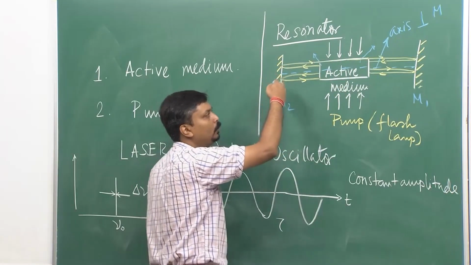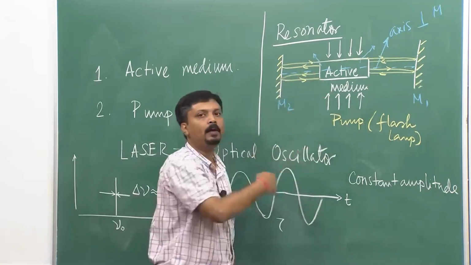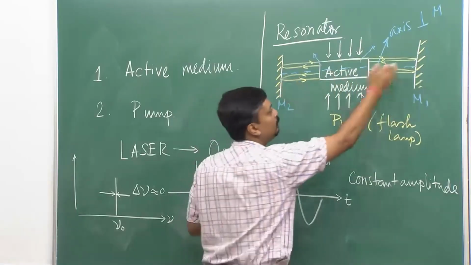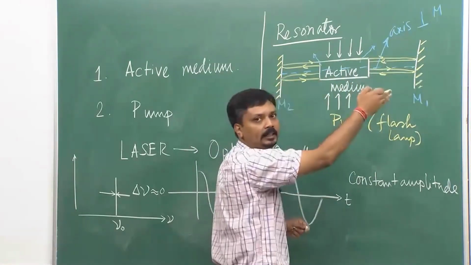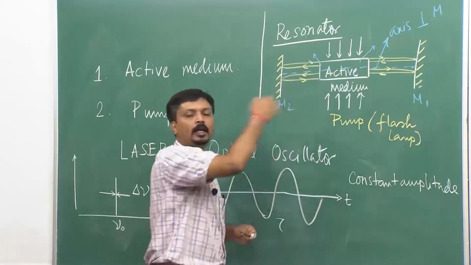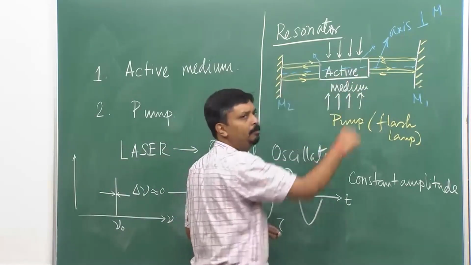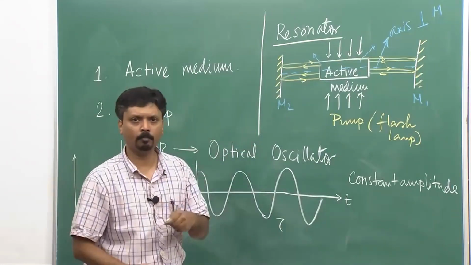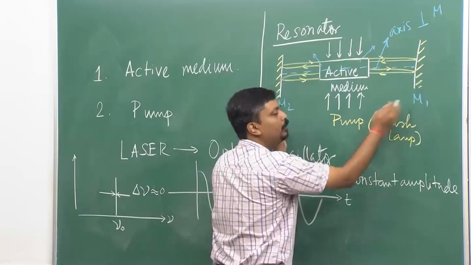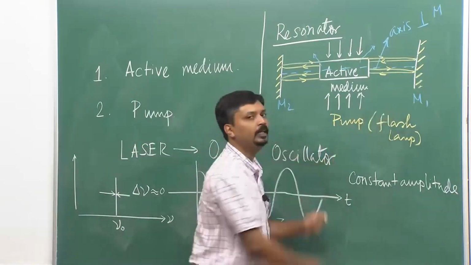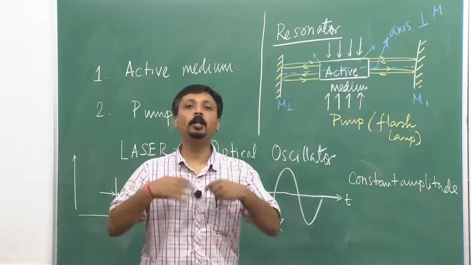So these photons are like multiplying. They are trapped in this cavity, traversing back and forth along this axis, and every movement through this active medium is creating more and more photons. So over a period of time, the number of photons within this cavity has built up enormously.